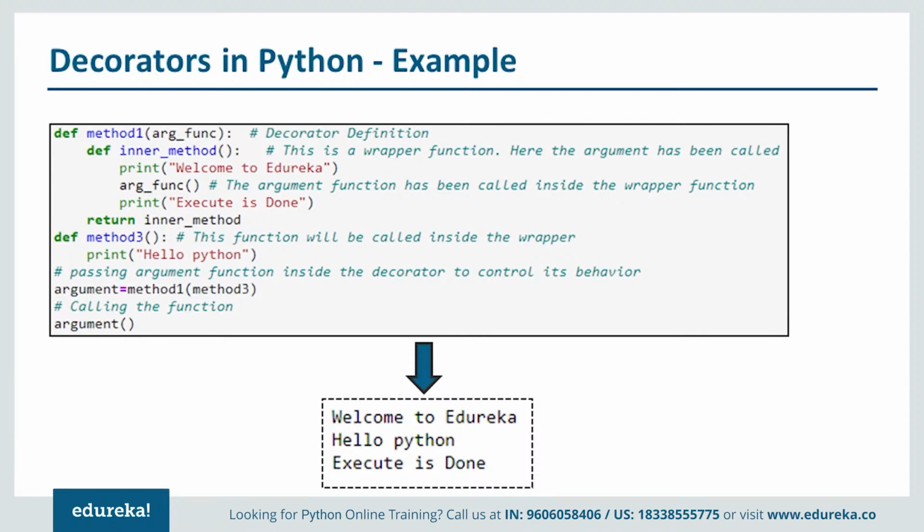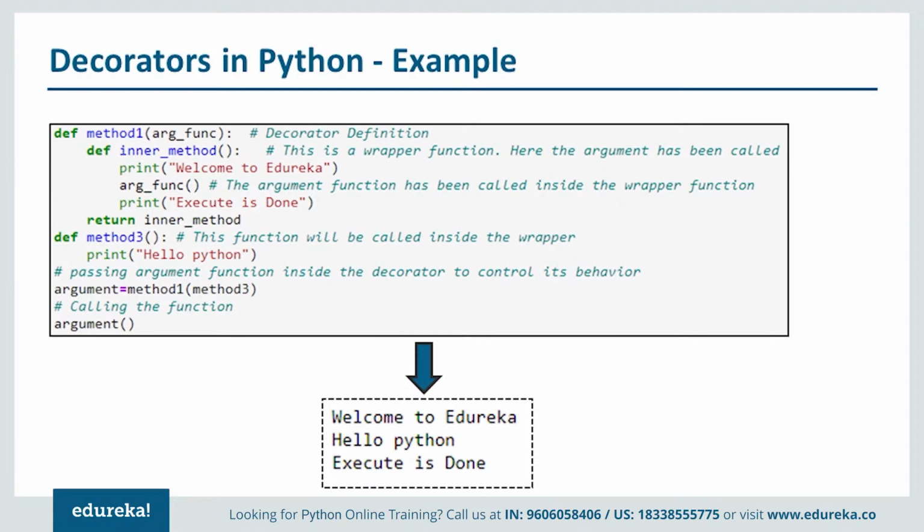So between the "welcome to Edureka" and the "execute is done", we are trying to run a function which is passed as an argument. So you can see that method 1 is being given an argument called function. So you can not only give keywords or strings or integers or actual values, you can also pass on functions here.